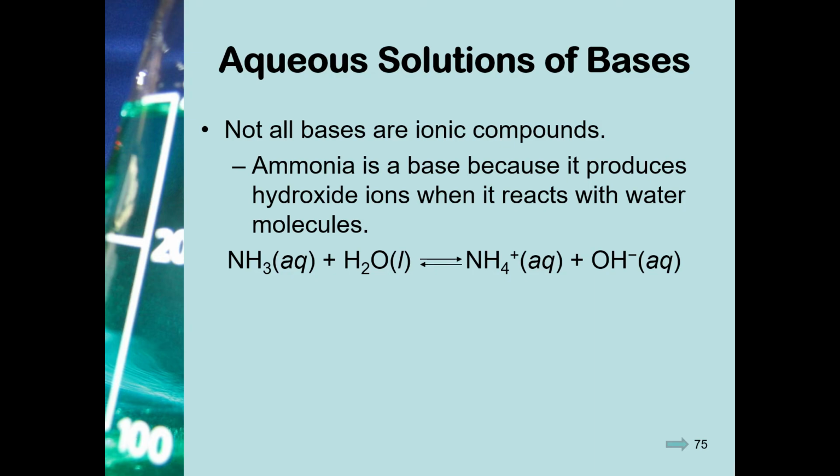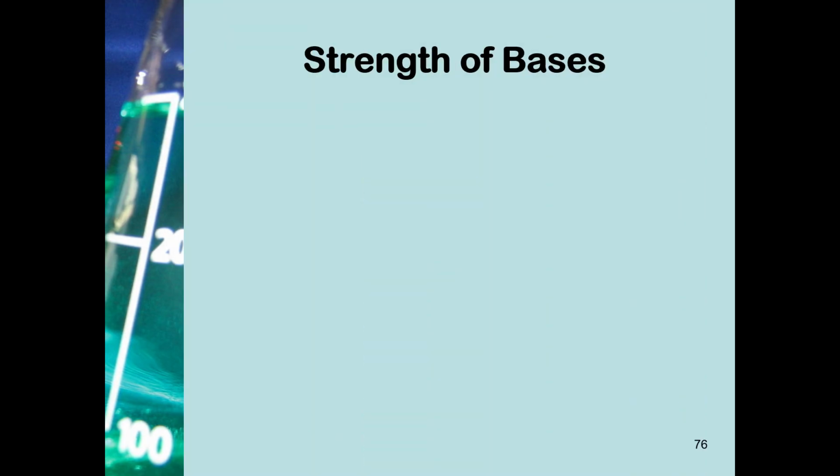So imagine the H2O losing one of its H's and attaching onto the NH3, and now I'll have an NH4 ammonium ion, and what was left of that molecule of water is an OH, and there's the OH. So in other words, it's formed because it reacts with water, not because it ionized. So ammonia doesn't ionize, it reacts with water, but it is a base because it produces hydroxide ions.